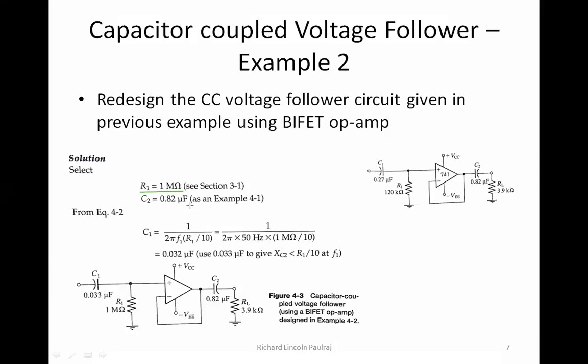Once we have that, we will be calculating C1. They want us to calculate the CC voltage follower circuit given in the previous example. So we are using the same C2, RL remains the same, R1 remains the same. The only thing that we are trying to calculate here is C1.